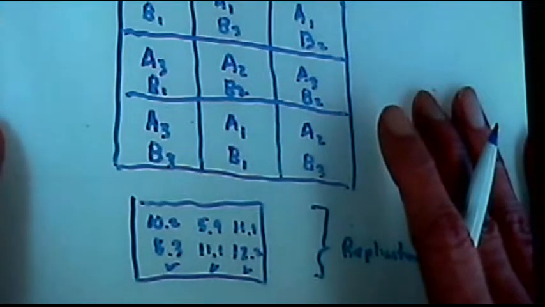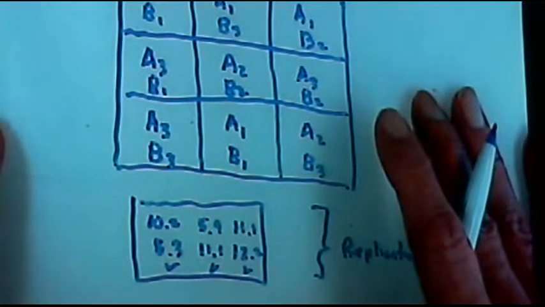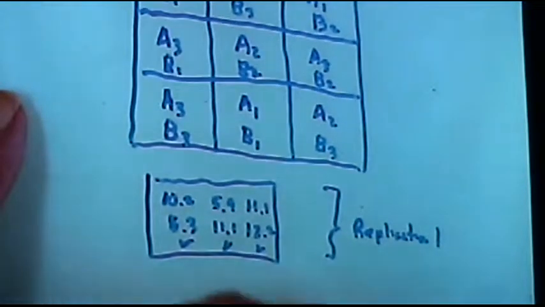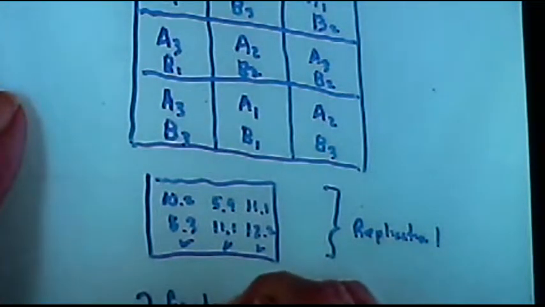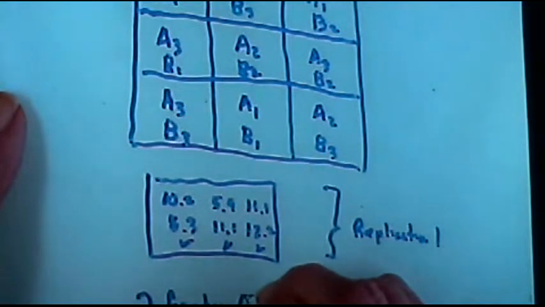Is it a split plot design? No. What is it? Well, we don't have a name for this kind of design, but I would just say this is a 2-factor ANOVA model.